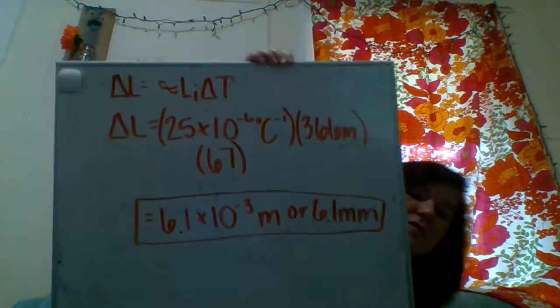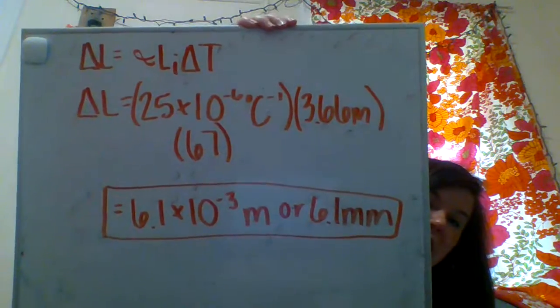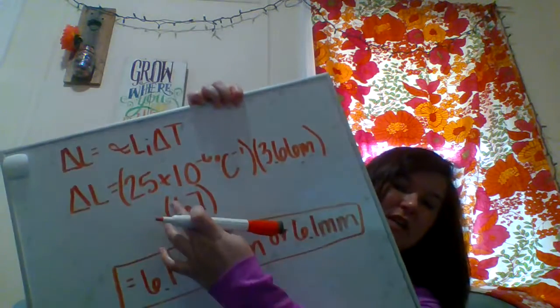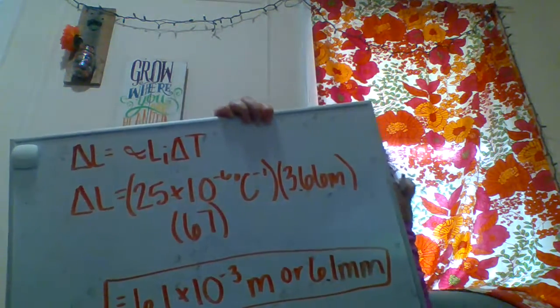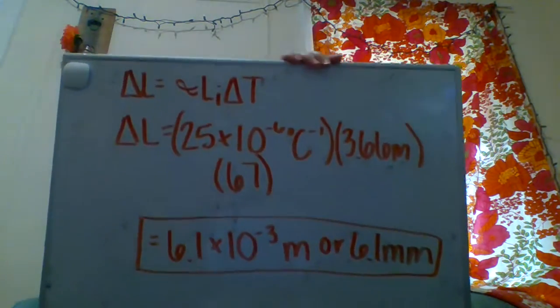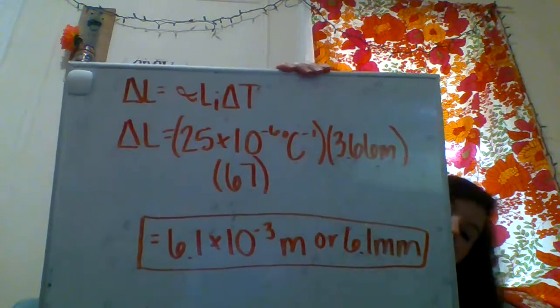These are pretty straightforward. I actually really like these problems because they aren't very confusing at all. I'll just let you take a look at that for a second. The 67 down there is the change in temperature.